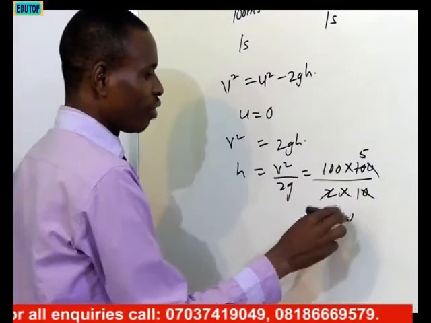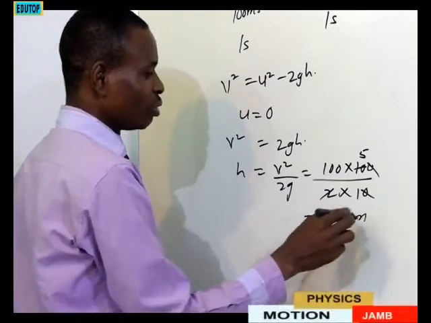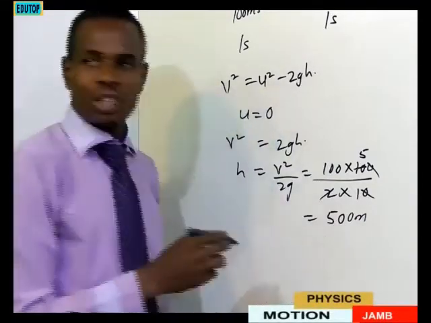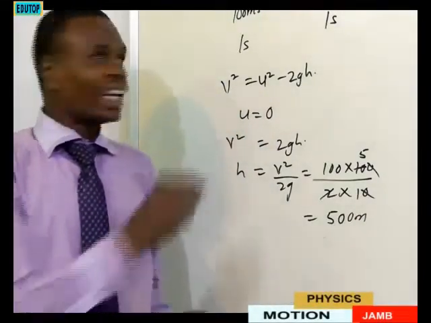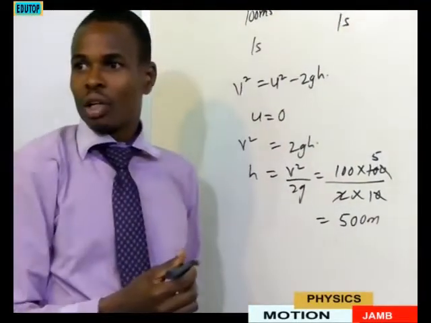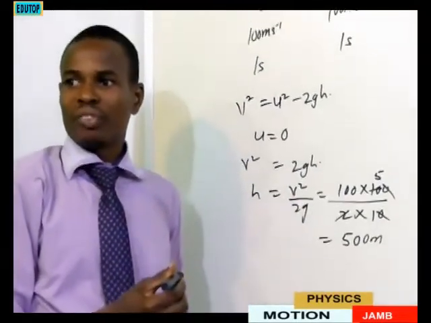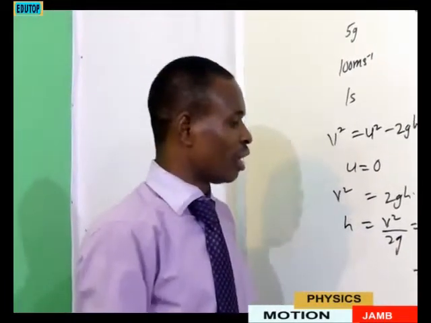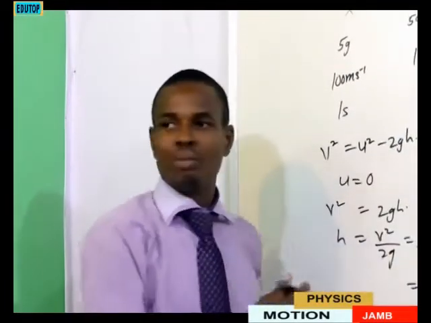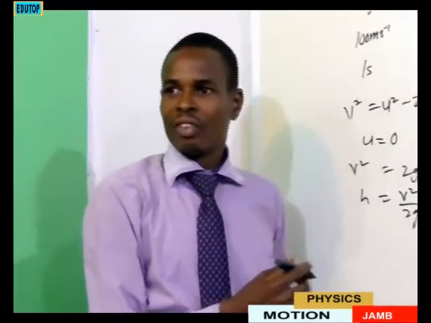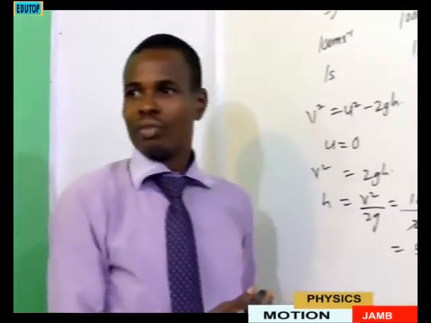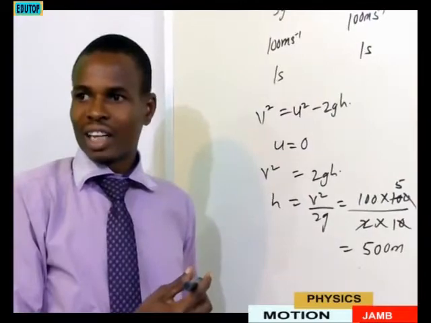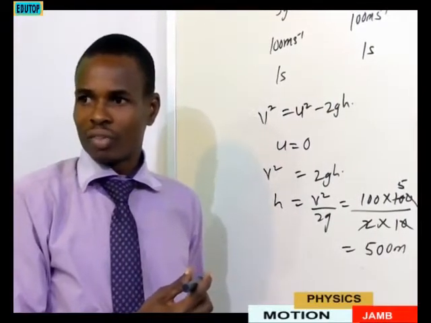Altogether, we have 500 meters. So the answer to this question is that X and Y will both be 500 meters from the point of projection. That's the answer to question number 12.